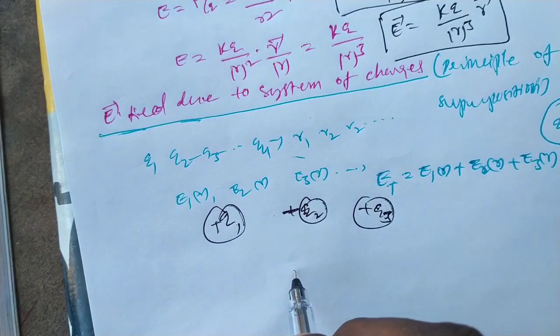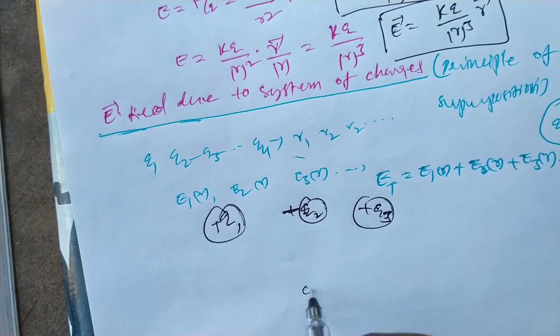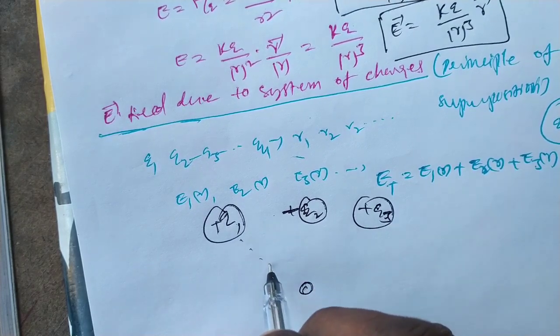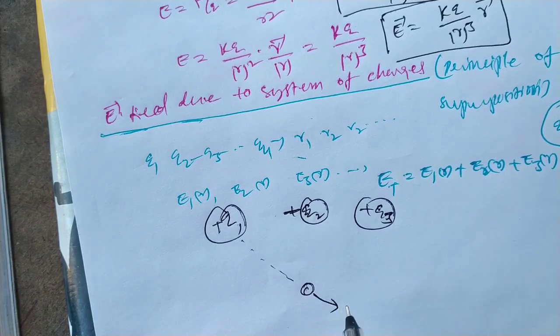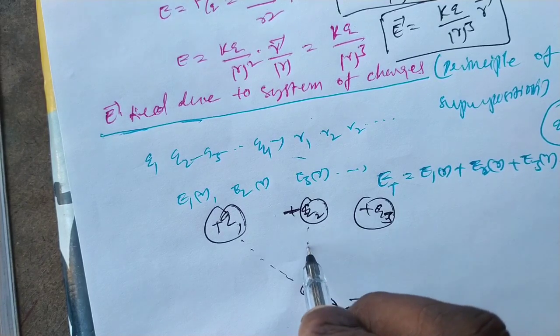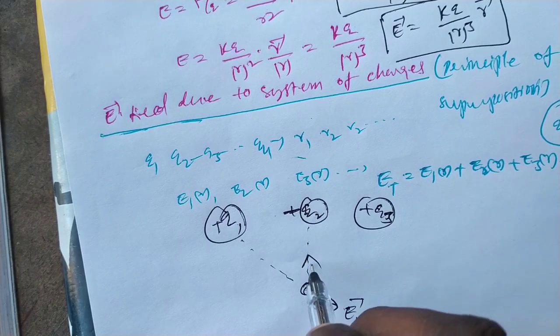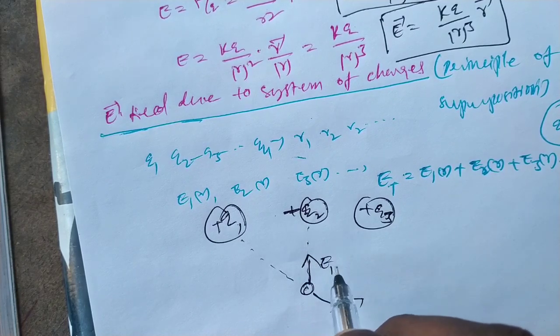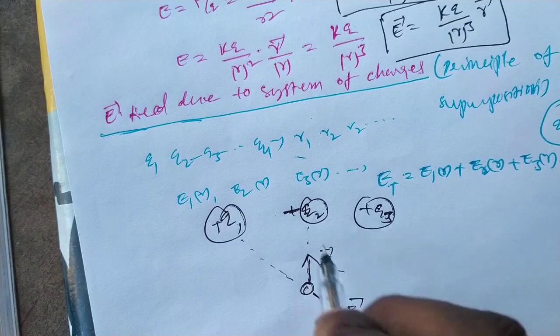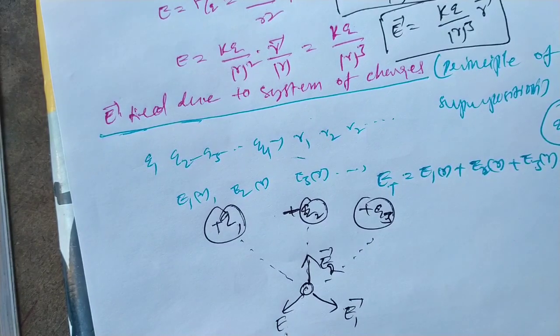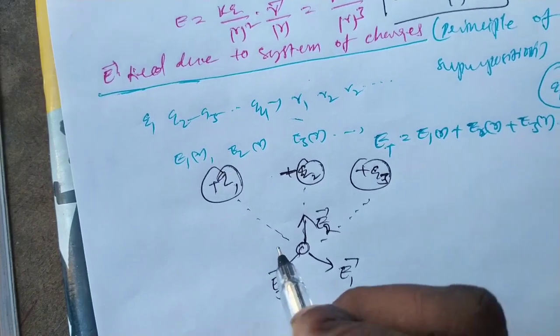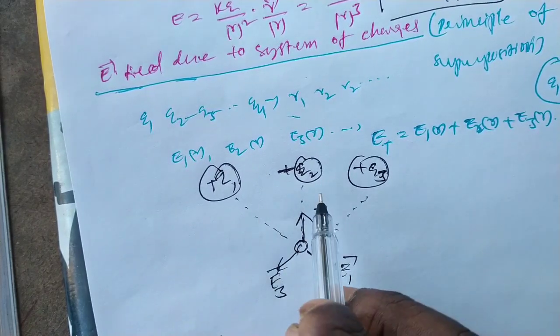At point O, taking a plus charge, the electric field can be exhibited: E1 due to the first charge. Suppose the electric field is attraction, the direction of the electric field is upward, that is E2. And E3 is the electric field due to the third. These are only 3 charges.